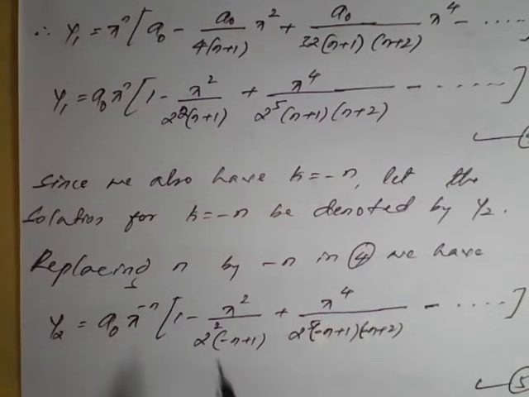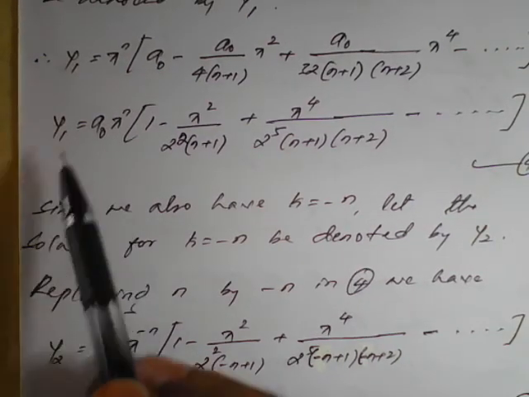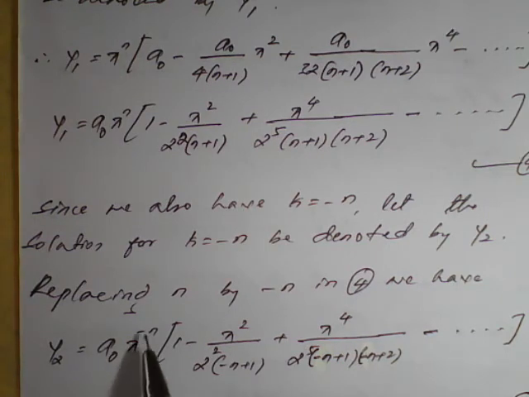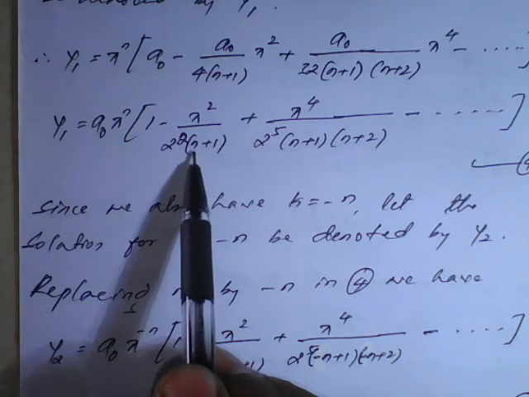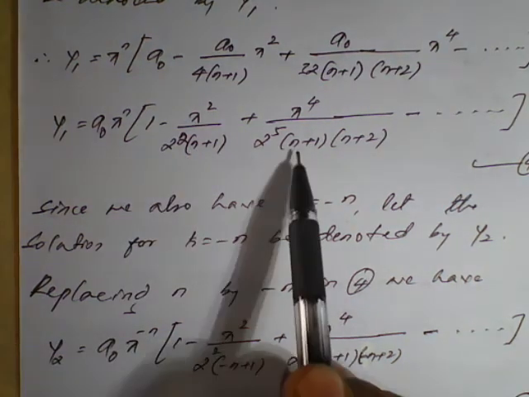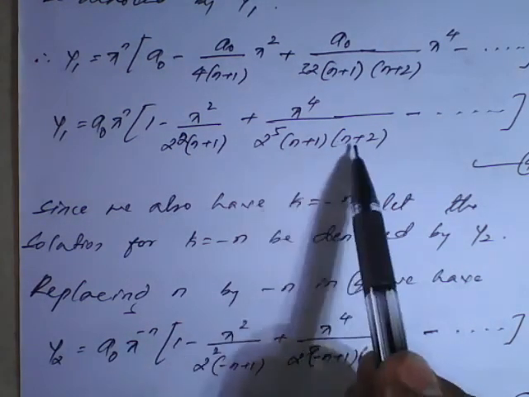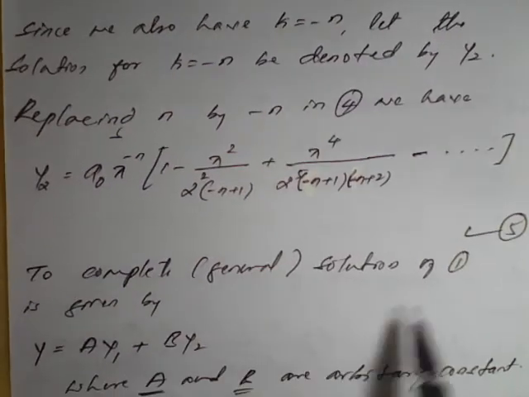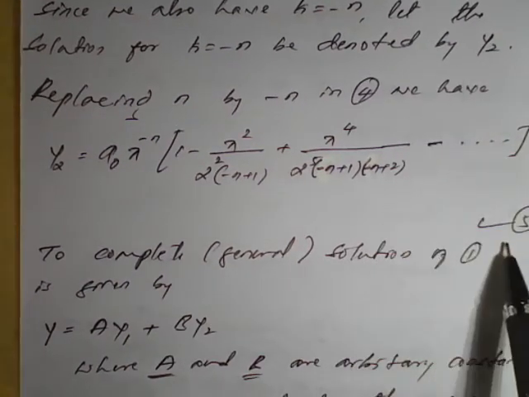What differs is that y1 is a0 x raised to plus n, and y2 is a0 into x raised to minus n. So where we had plus n, we get minus n. On simplification, we get equation number 5.